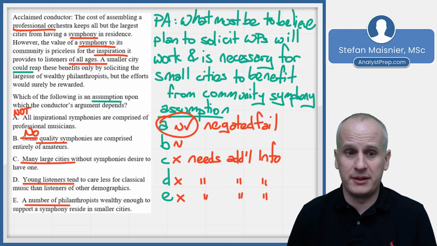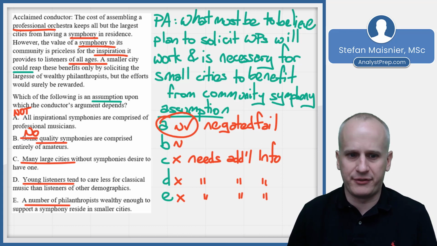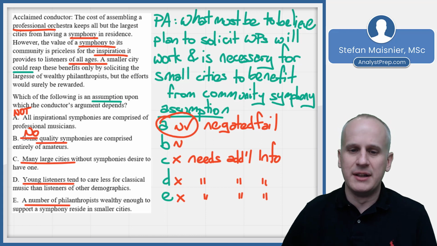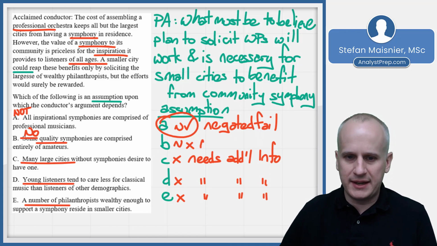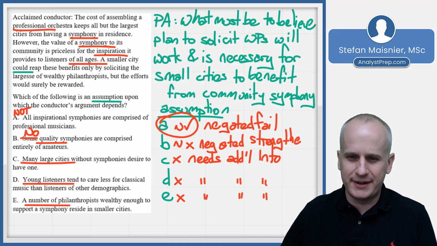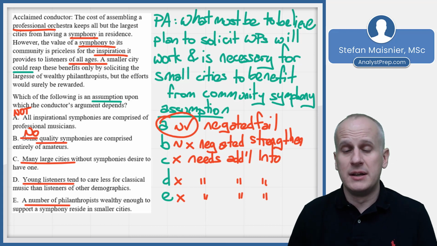We need professional people, and it's professional people that need to be paid by the wealthy philanthropists in this conductor's argument. So this is going to be a negated strengthen, which is, again, the opposite of what the correct answer should do upon negation, because we don't want the removal of the assumption to make the argument stronger. We want the removal of the assumption to make the argument fail.